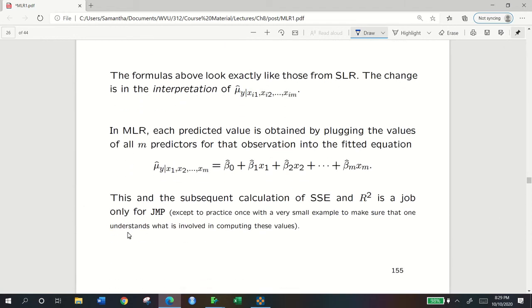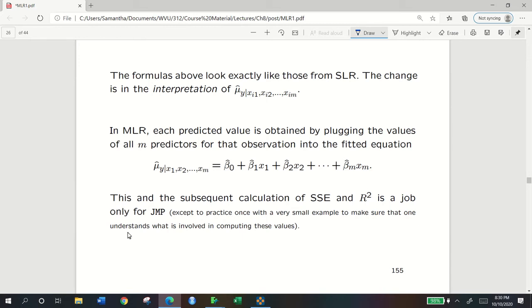As we can see, the formulas above look exactly like they did in SLR. What did change is our interpretation of the mu hat of y given xi1, xi2, all the way to xim. For multilinear regression, each predicted value is obtained by plugging in the values of all m predictors for that observation into our fitted equation.